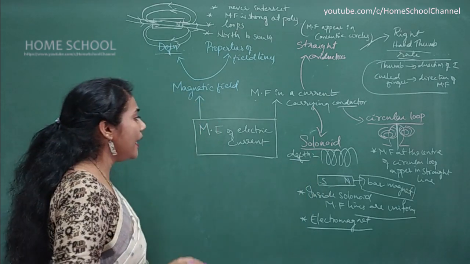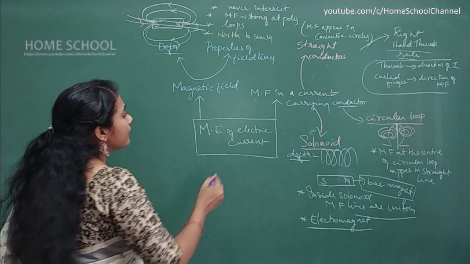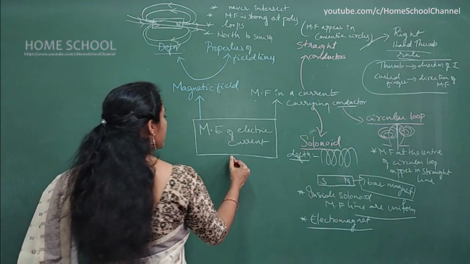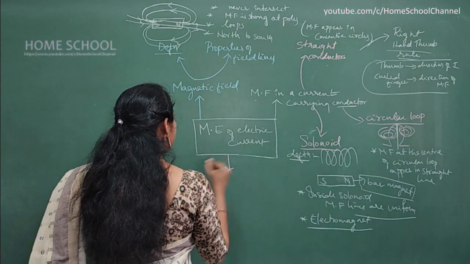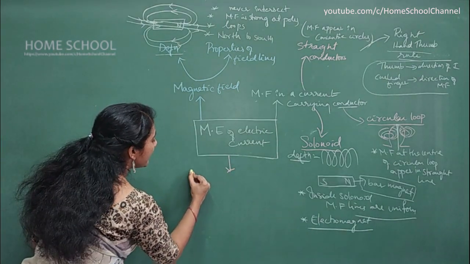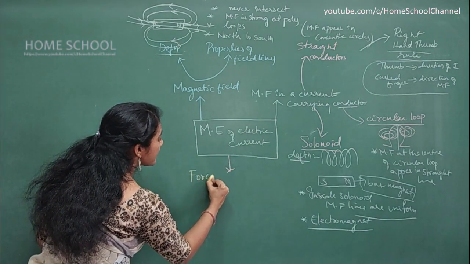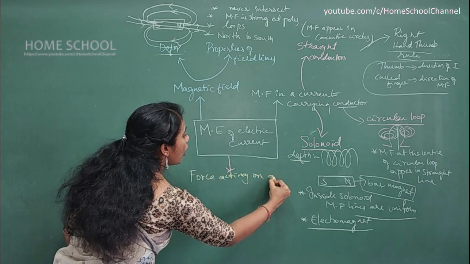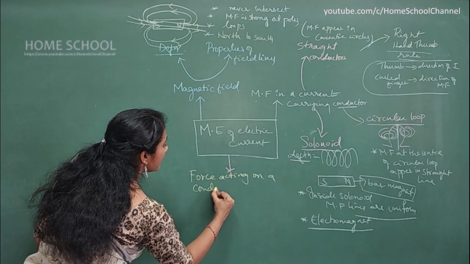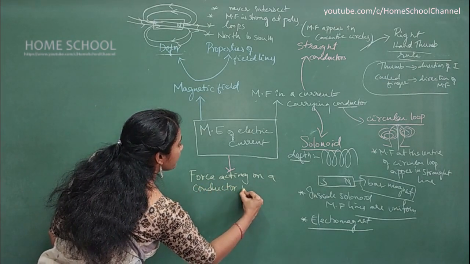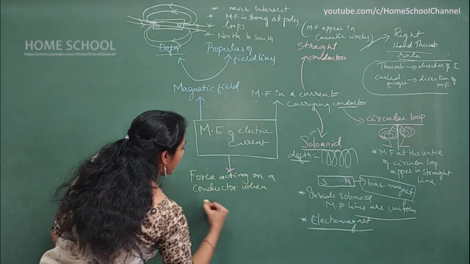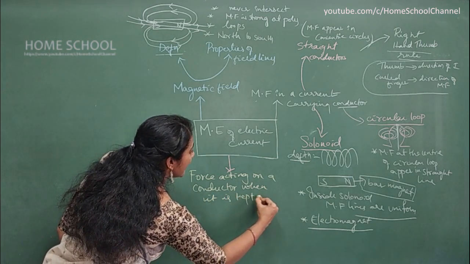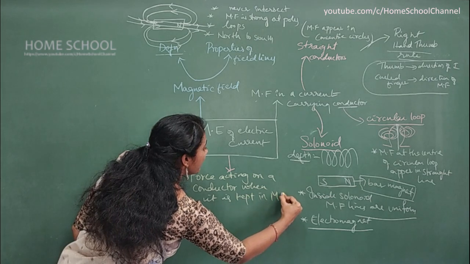Fine. And now let us go for the third aspect of the chapter, right? The next topic is very, very important, that is force acting on a conductor when it is kept in a magnetic field.